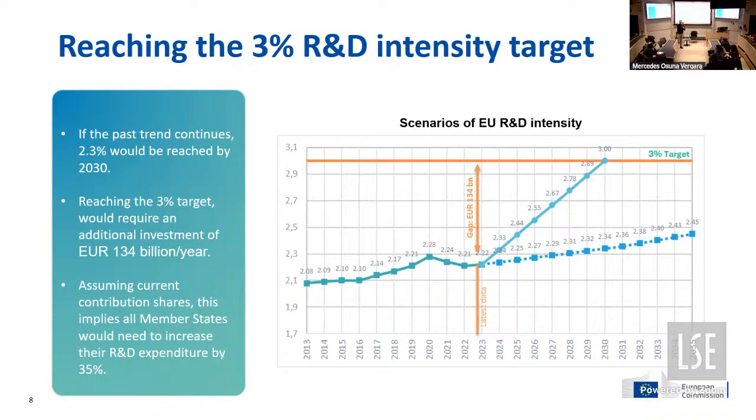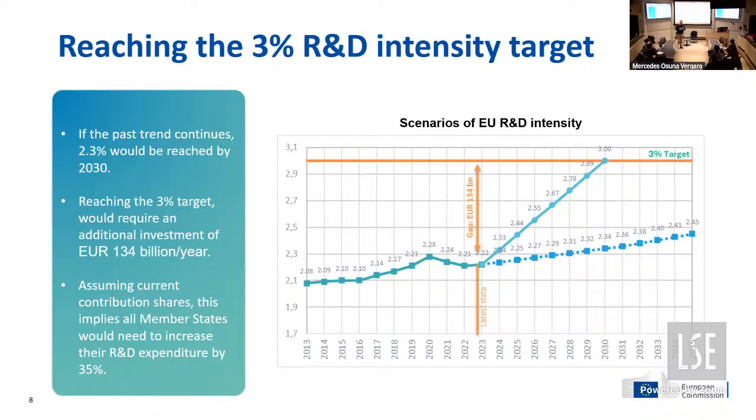And the light blue is the slope of change that we would need in order to achieve that goal. So you can compare the delta difference between how we are doing and how we will be. And this has remained stagnant in the last couple of years.